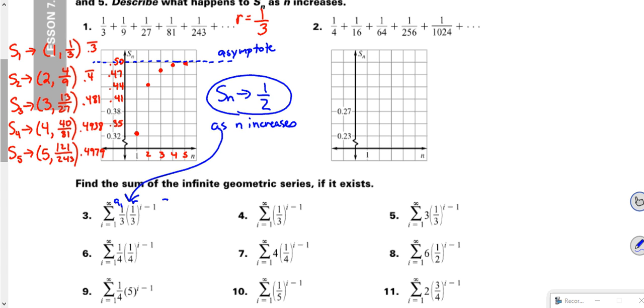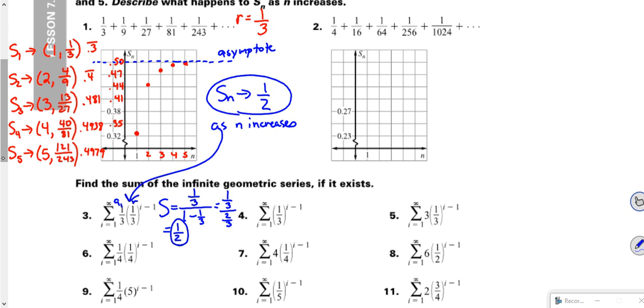So we would have S equals 1/3 over 1 minus 1/3. Well, that is 1/3 divided by 2/3. 1/3 divided by 2/3 is indeed 1/2. So that does work. That would be my asymptote.